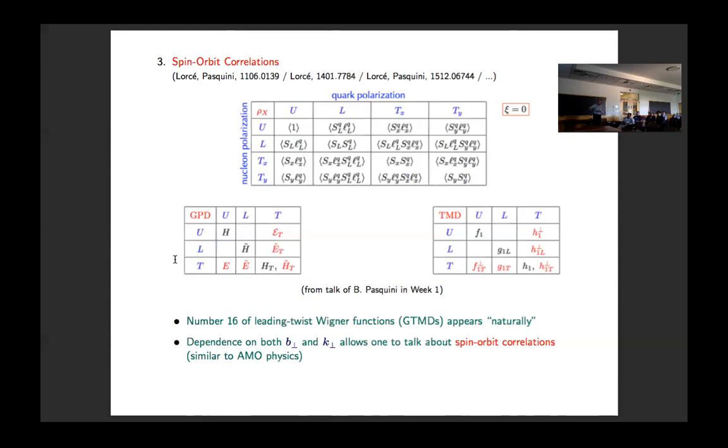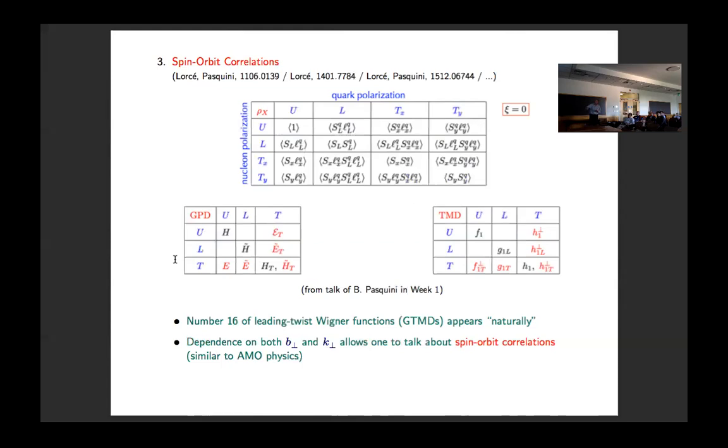Now, if you want to do the same game at the level of the Wigner distributions, where you have one transverse momentum more, and if in each field you want to have just one entry, then actually you should distinguish between transverse polarization in the X and Y direction.